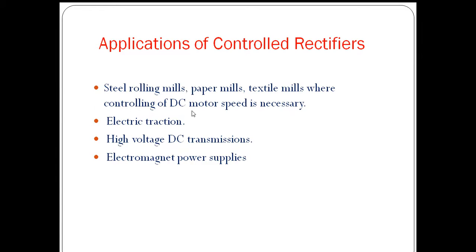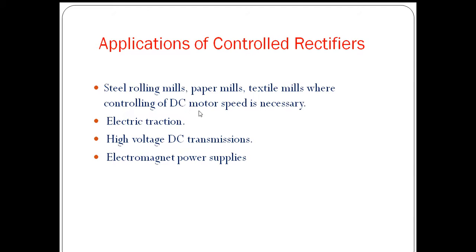The speed torque characteristics are very smooth for a DC motor. DC motors operate at different speeds, speed control techniques can be applied to them easily, and we can get a wide variation in speed.